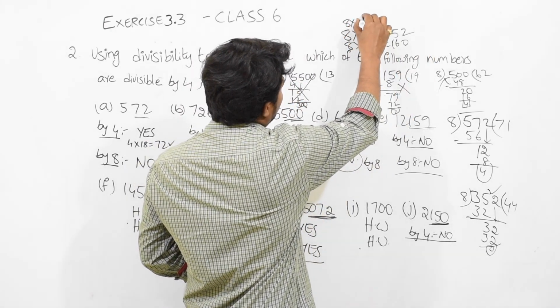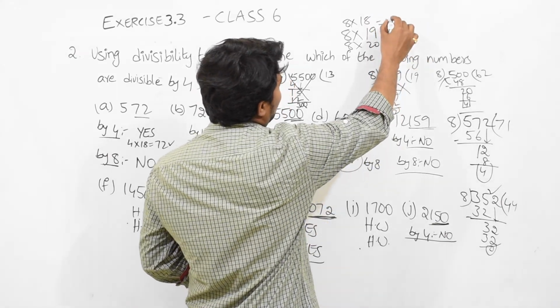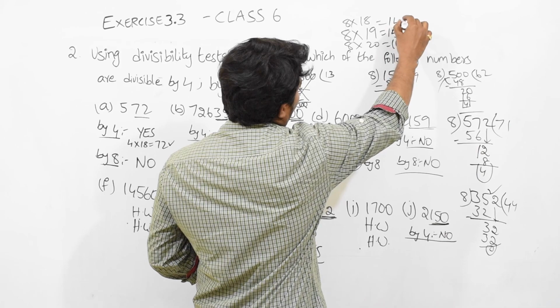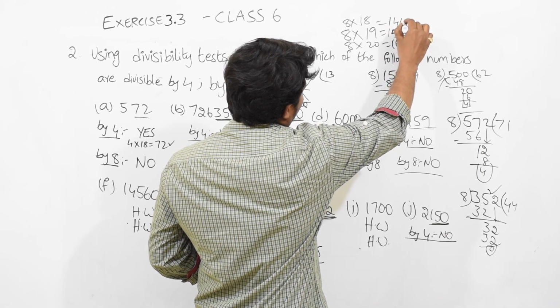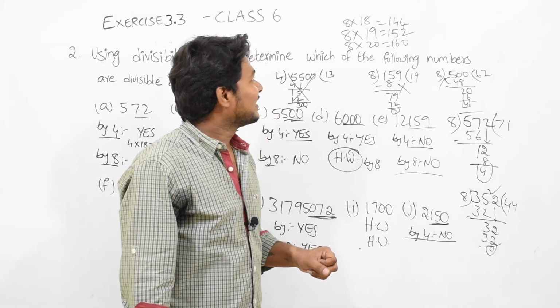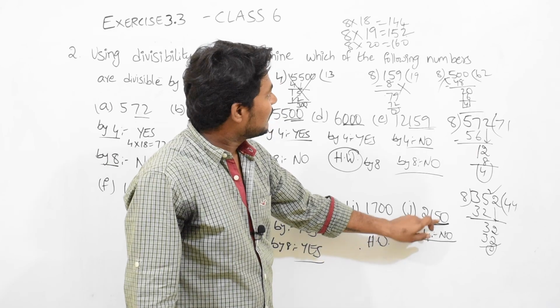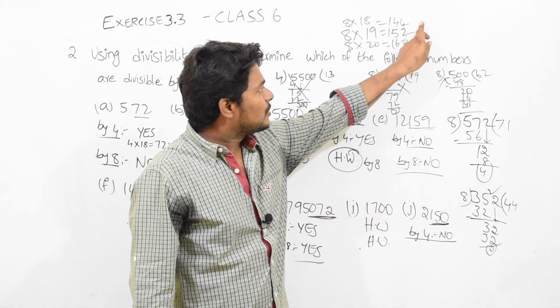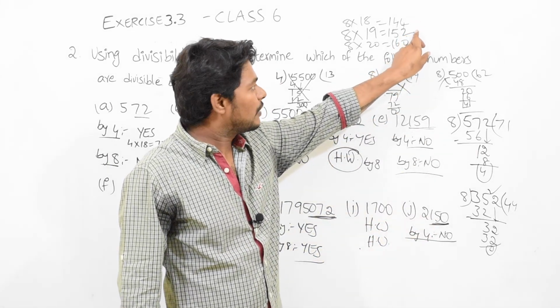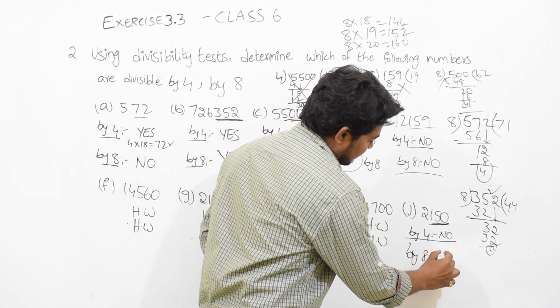So 8 into 18 should be equal to 152 minus 8. How much? 144. I guess so. Now you see 150 should come after 144, but after 144, 152 is there. So by 8, it definitely no.